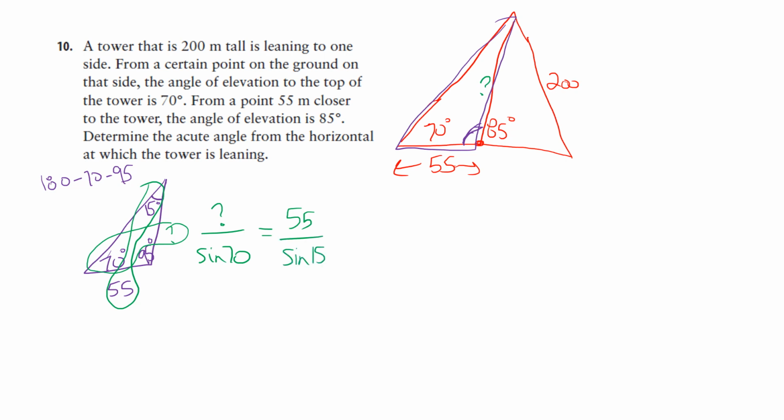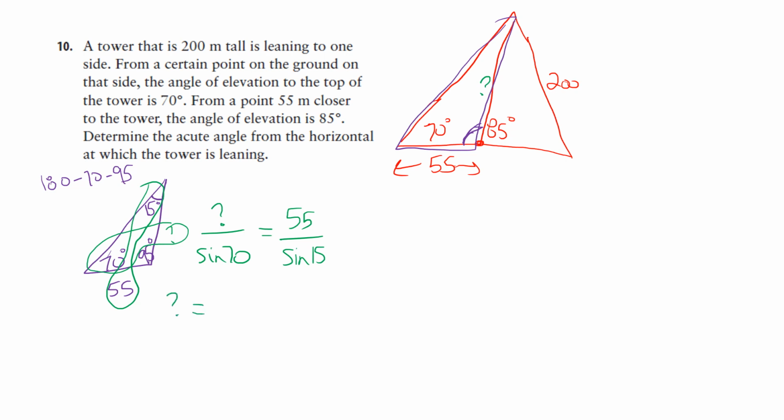So we're going to solve for the missing side length there by doing the opposite of dividing by sine 70 and going 55 times sine 70 and then dividing that by sine of 15. And that's going to get us that missing side length of 199.68.